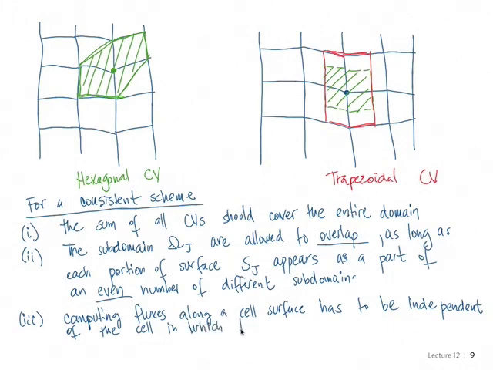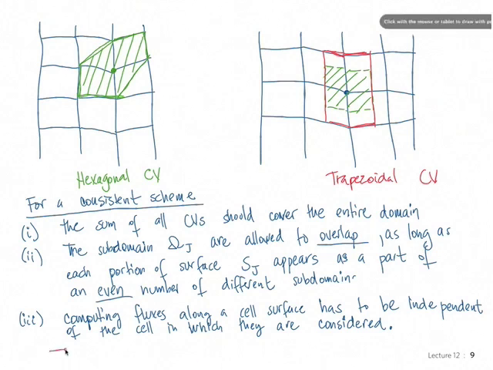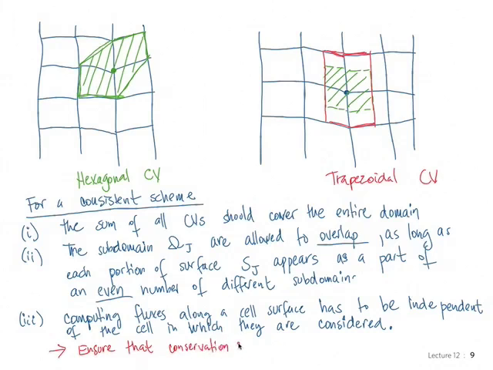Again, this guarantees that they will cancel, all the internal ones will cancel out. So we compute them in the same way for every cell. So this is the way that we ensure that conservation is satisfied and all the flux contributions of the internal boundaries cancel.